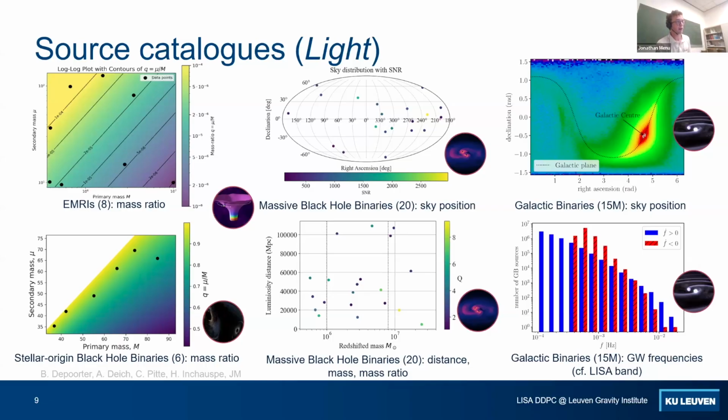On the top right, you see the galactic binaries, which have been mentioned a couple of times already, with an overdensity towards the galactic plane and mainly towards the galactic center. On the bottom right, you see that we include both positive Fdot and negative Fdot frequencies.